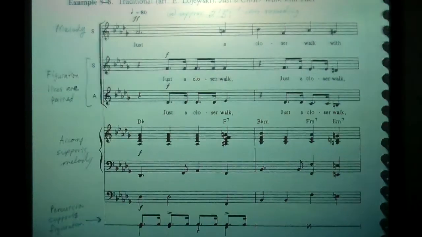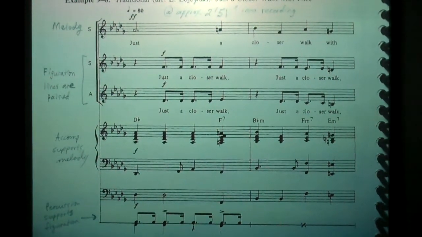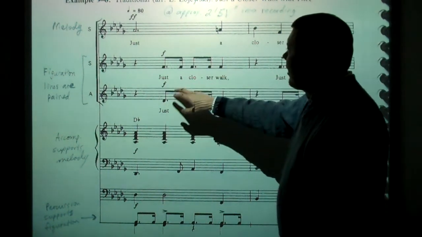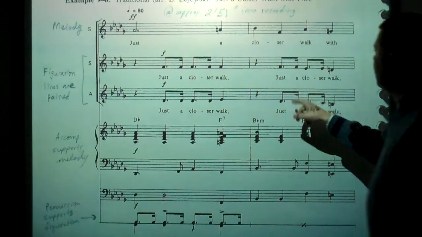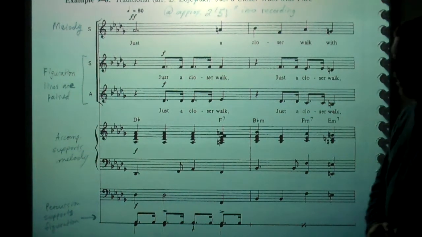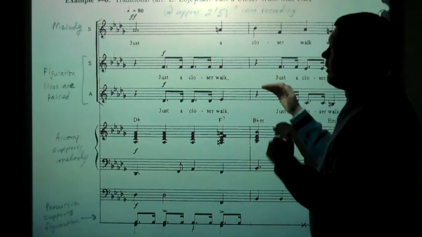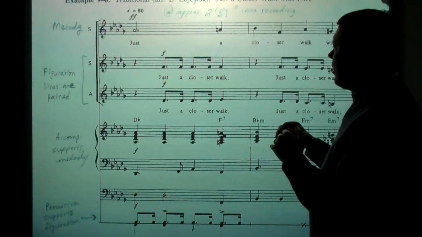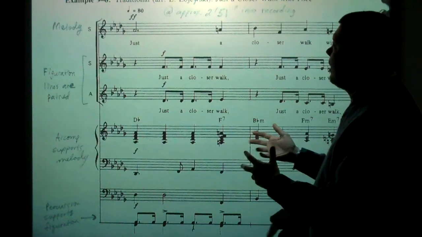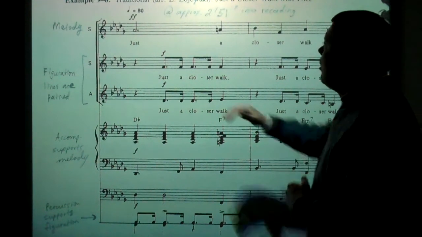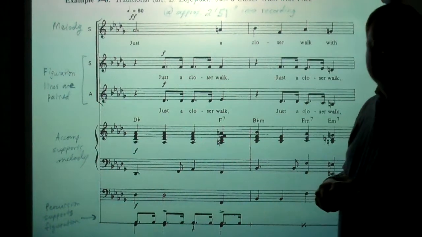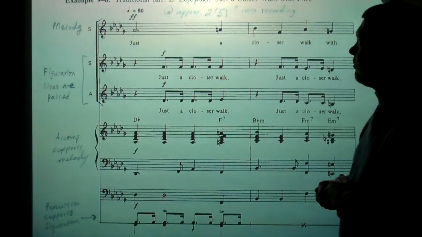If I slide the example over just a little bit, you can see that the figuration here is the rhythm da da da da da, da, da, da, da, da. That's what the second sopranos and the altos are singing in order to produce a little bit of rhythmic and melodic punctuation while the main melody has some longer note values.